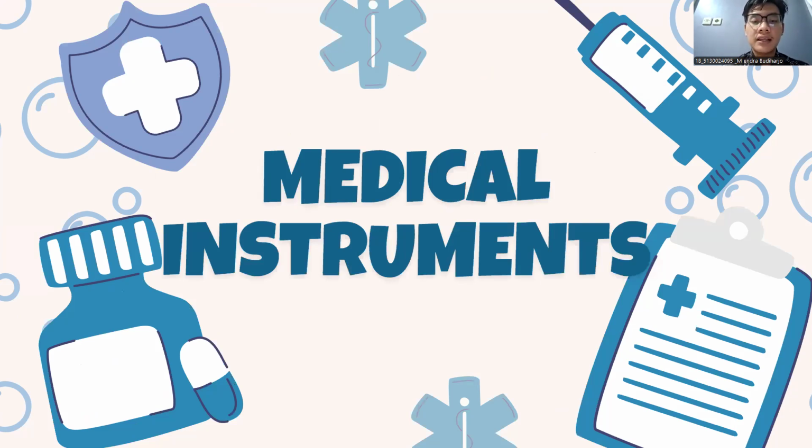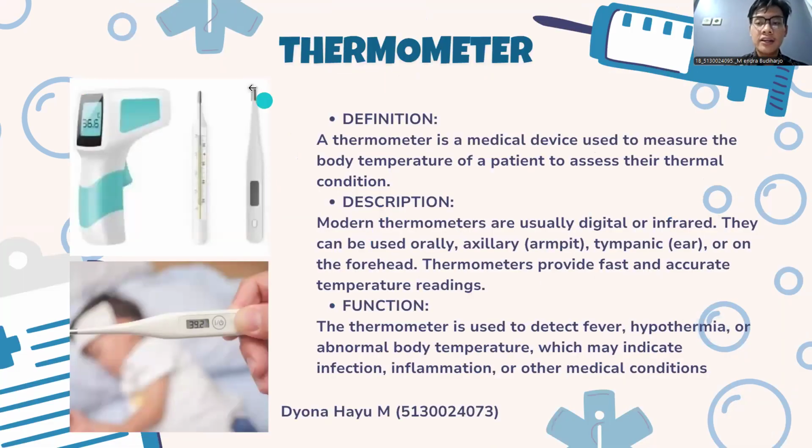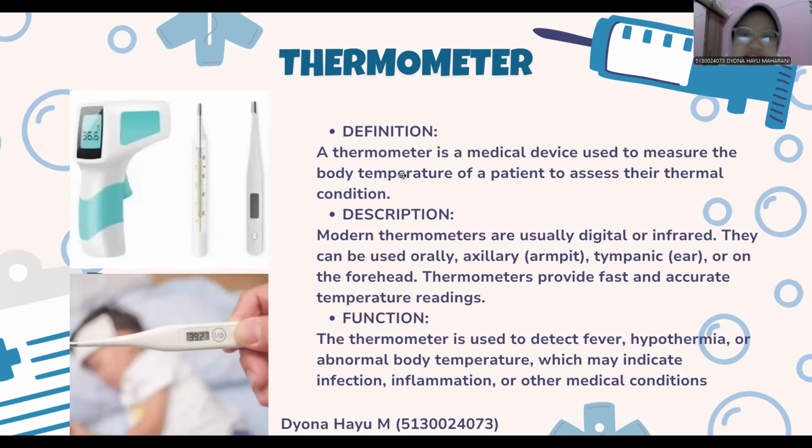The first topic in this course is medical instruments. Diona Hayu, please. First, we have the thermometer. Definition: a thermometer is a medical device used to measure the body temperature of a patient to assess their thermal condition. Description: modern thermometers are usually digital or infrared.